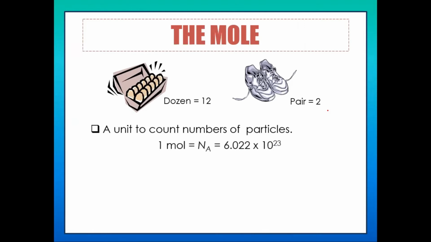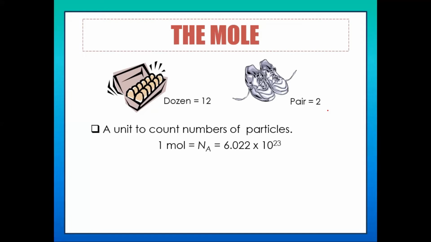1 mole is equal to 6.022 times 10 raised to 23. Like what I mentioned earlier, a dozen means 12 pieces and a pair means 2 pieces. Now for chemistry, 1 mole means 6.022 times 10 raised to 23.